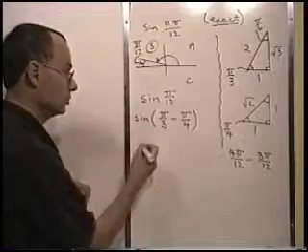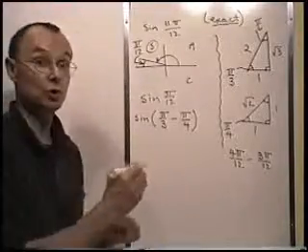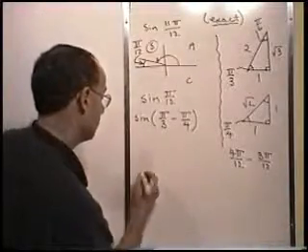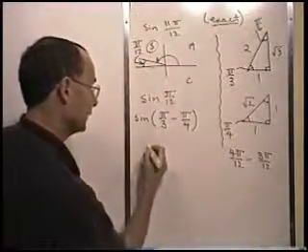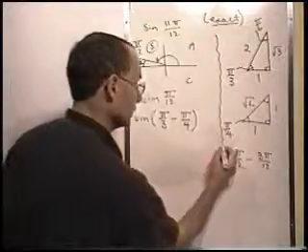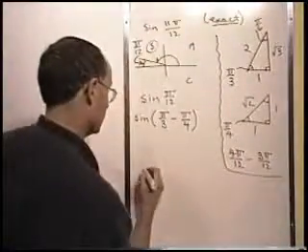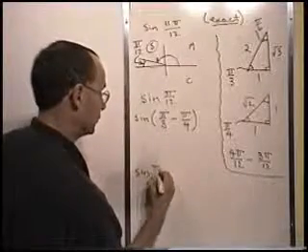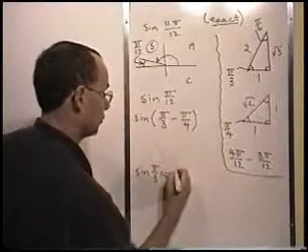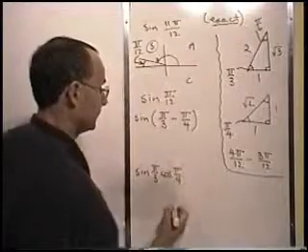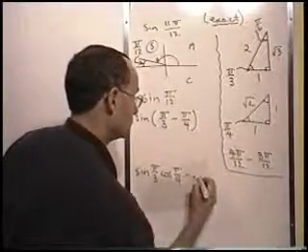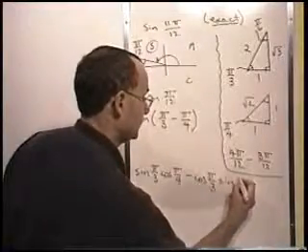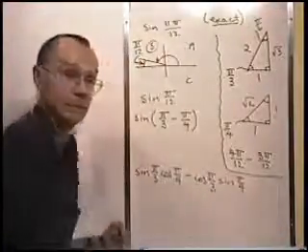So now all I have to do is expand this using my trig identity. So how do we expand the sine of the difference of two angles? And I know I'm going to need the room here, so I'm going to start lower down here. But this is going to be the sine of the first one, cosine of the second one, minus cosine of the first one times the sine of the second.